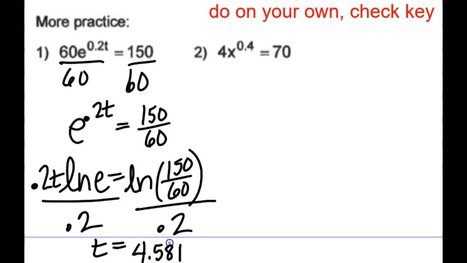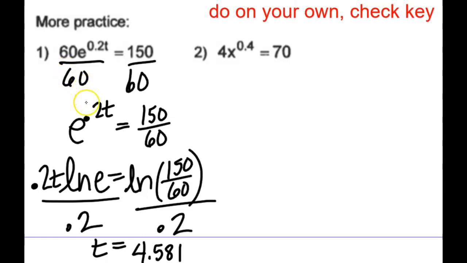You didn't get this? Divided by 0.2? This is 2.5. Riley, no? I got that.